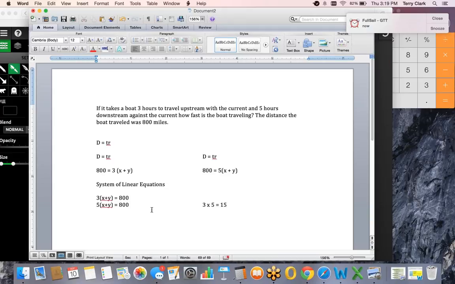So what I'm going to do in order to make that work is I'm going to multiply this one right here by negative 5. Let me see. I think both of these are going to cancel out. I'm not thinking my problem's going to help me out here.